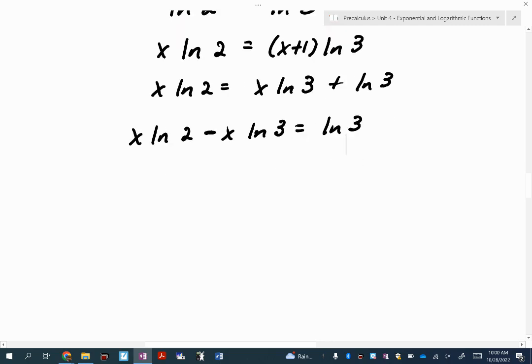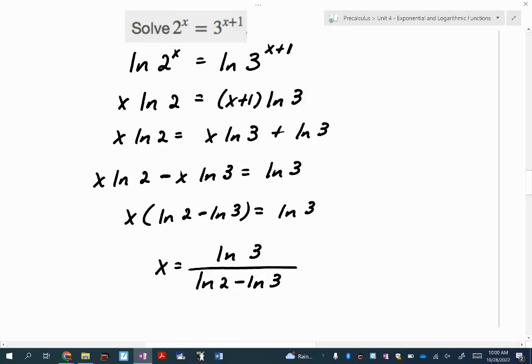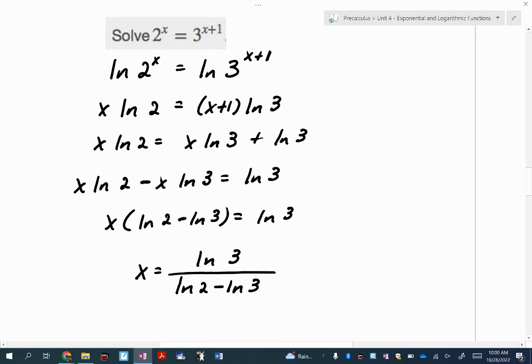Okay, factor out the x's. And then we're going to divide. So x equals the natural log of 3 over the natural log of 2 minus the natural log of 3. And that's it. Like I said, if you want to find the approximate answer, go ahead, but you don't need to.